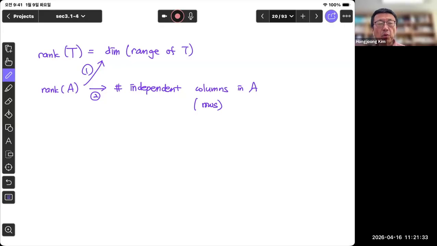If you have that information, you may count the number of independent rows if you want. That will also be the rank. But people usually count the number of independent columns because it is easier than counting the number of rows. But anyway, the number of independent rows and the number of independent columns will be the same for any matrix.